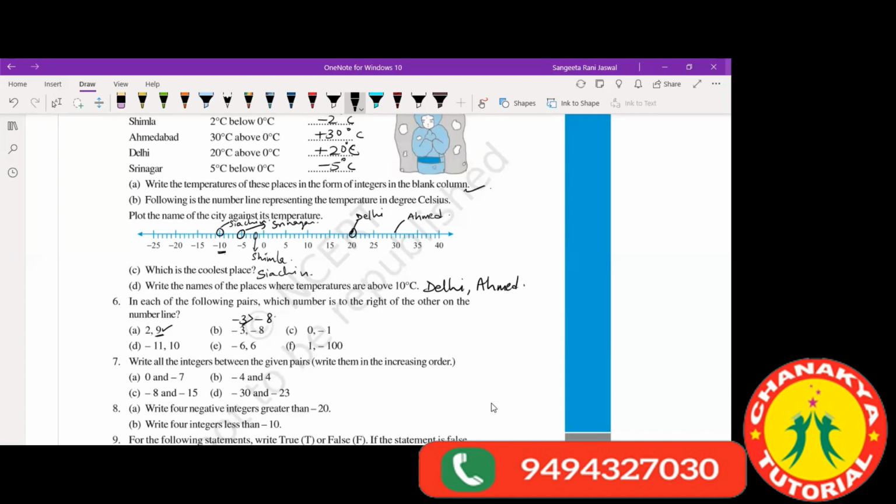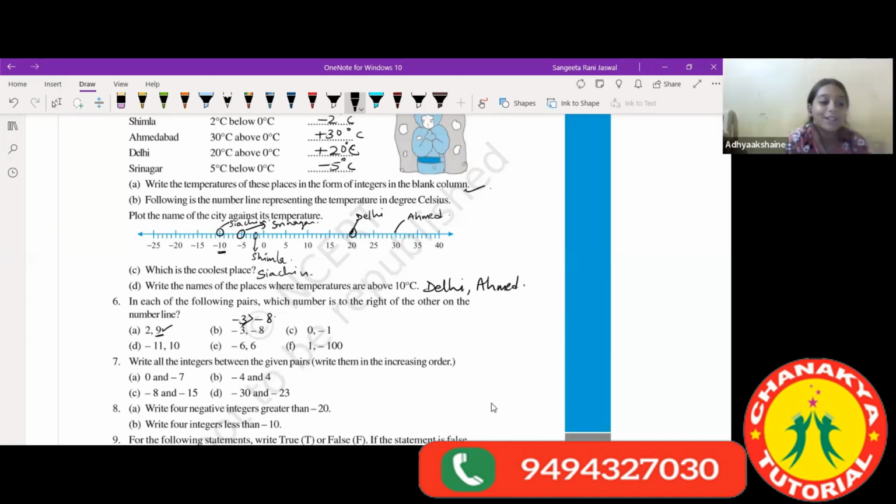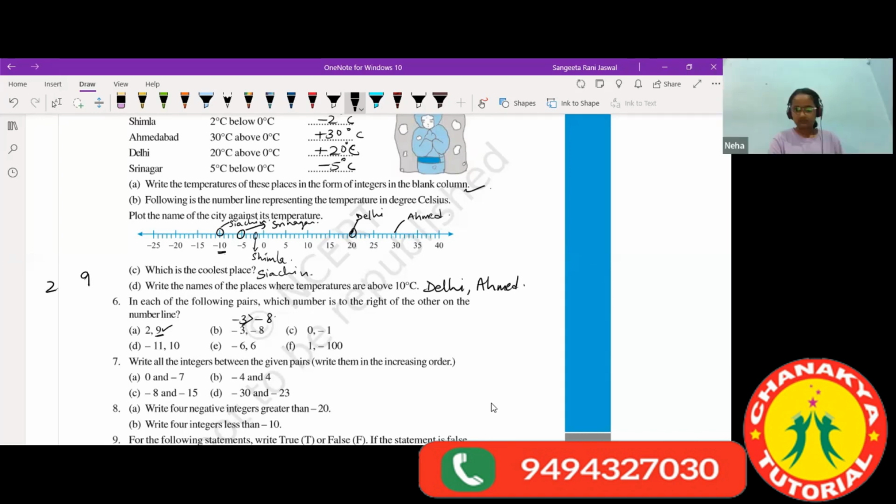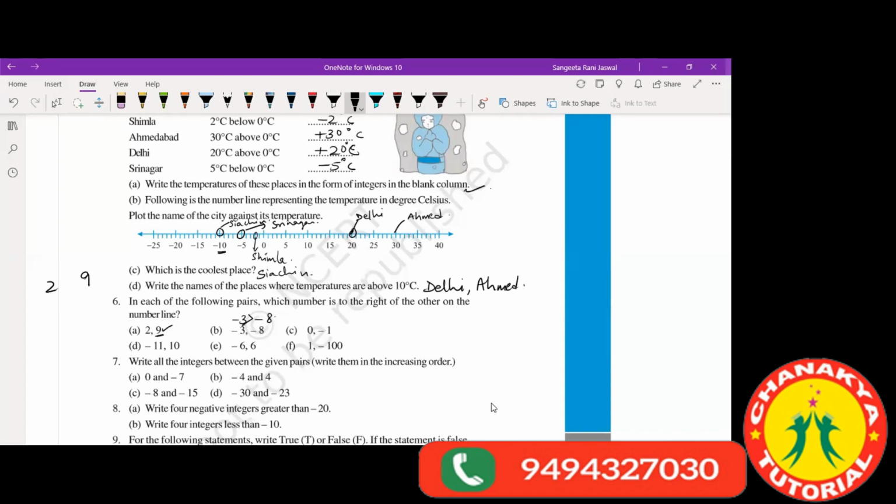Was there any confusion here? What was your doubt? You were taking so long. Ma'am, it was very confusing, because 2 and 9, both numbers are positive. There is no negative number also. So now simply number 9 is greater than 2.